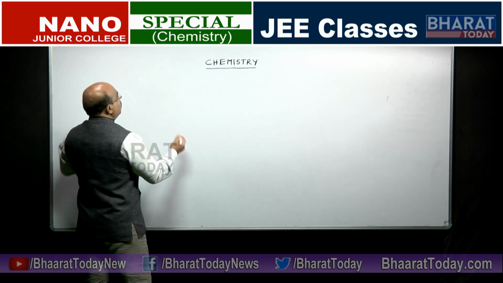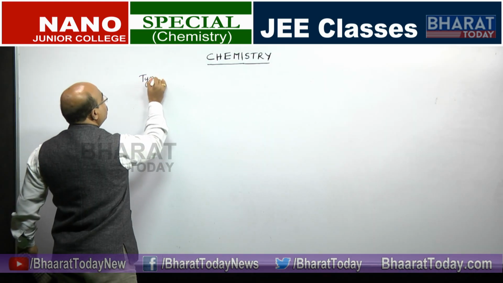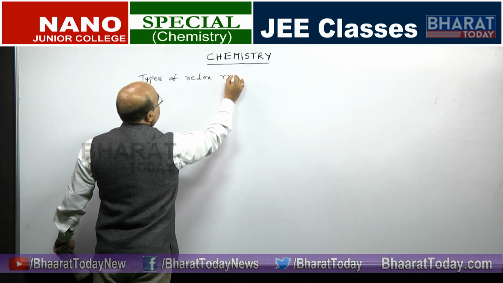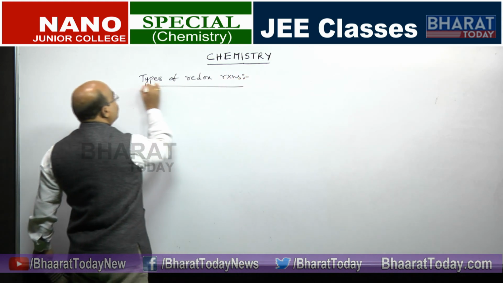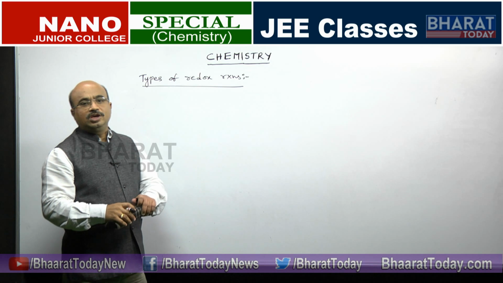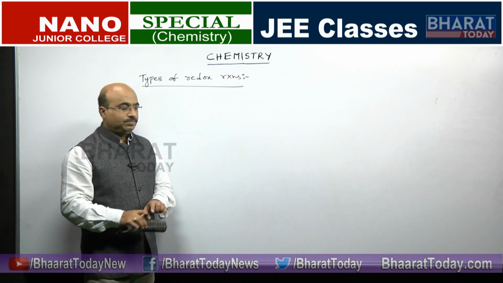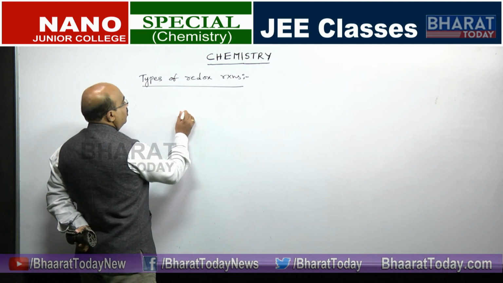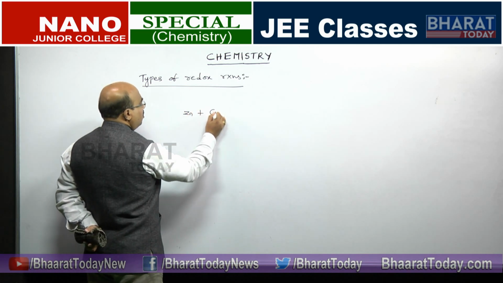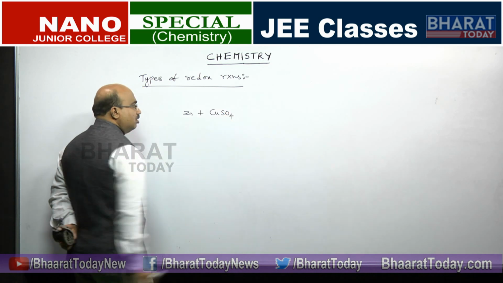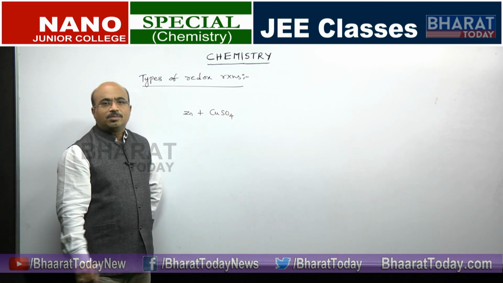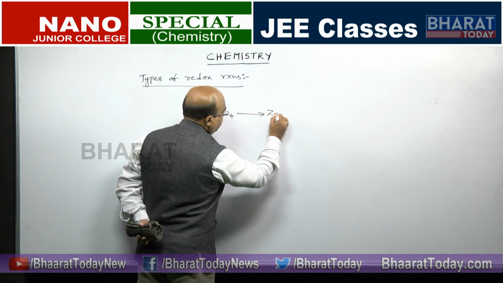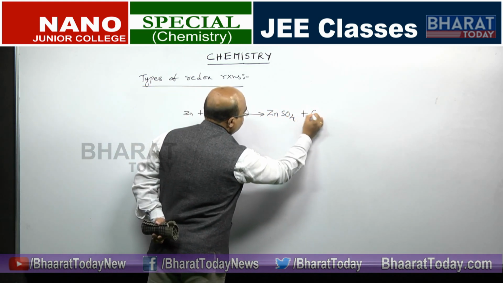Clear? Types of redox reactions. We observe some different types of reactions actually. Let us see some examples here. Let us say one reaction, the common standard one we already discussed: zinc plus copper sulphate giving zinc sulphate and copper.